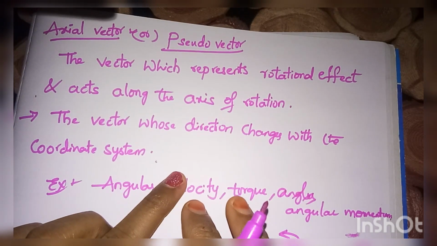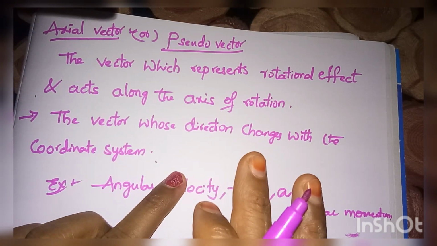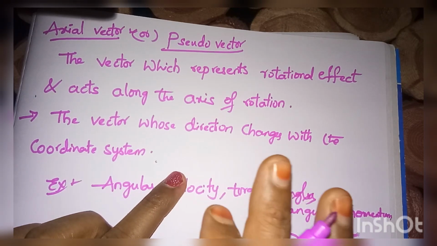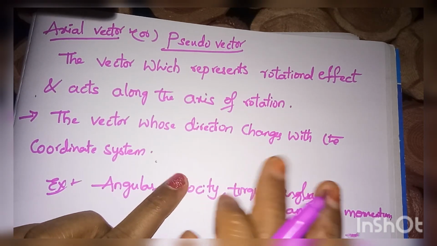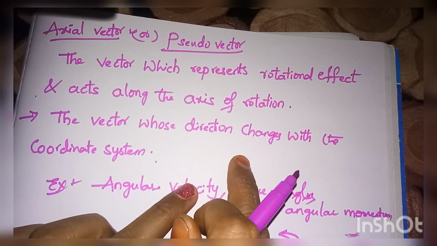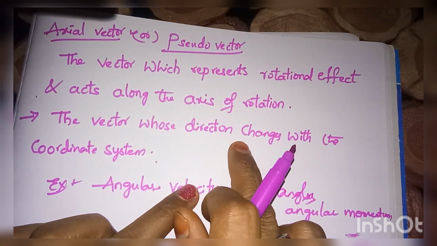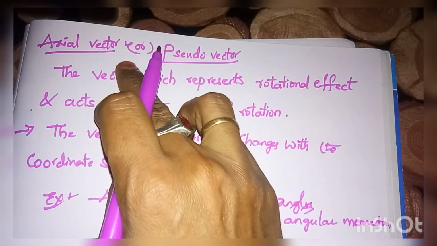In a polar vector there is no change in the position or direction of an object, even if there is a change in the coordinate system, but in an axial vector the object's direction changes according to the coordinate system. Any rotational effect represents an axial vector.